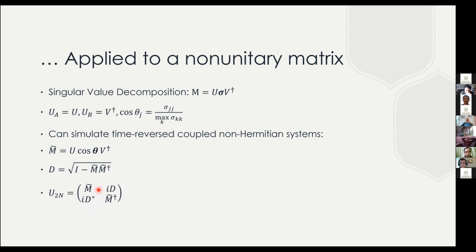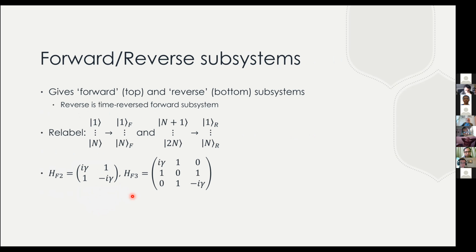In the PT-symmetric system that we use, this M dagger is just the time reverse transformation of M, so forward and reverse system. And because we have a 6-mode Rex scheme, this allows us to implement a 2-mode PT-symmetric Hamiltonian and a 3-mode PT-symmetric Hamiltonian, in the forward system in both cases.